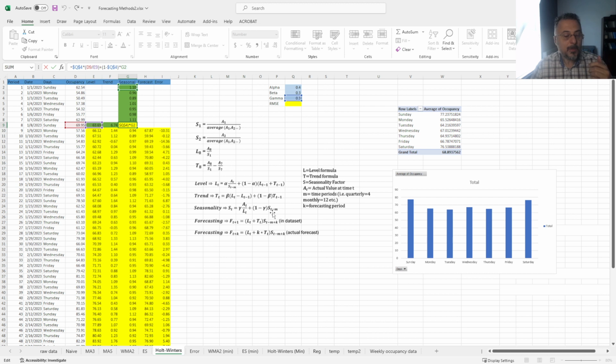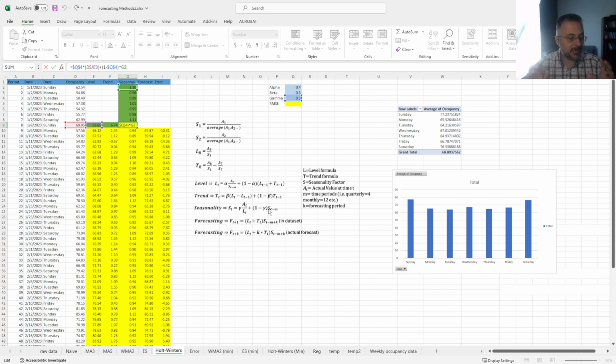The easiest way: normally T is 8, the period is 7, minus M means 7. M means time periods. We have 7 days; if it were monthly it would be 12, but in this case we have weekly, so 7. 8 minus 7 is season 1.